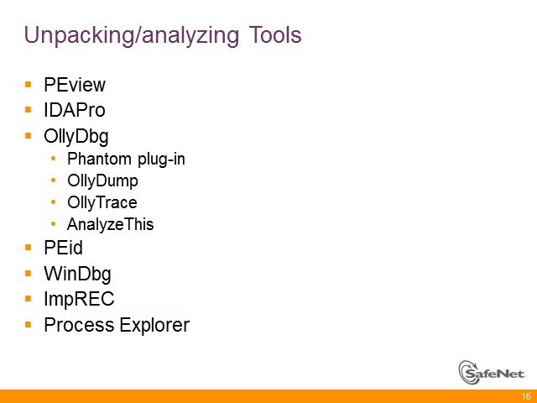Now, these are some of the more common unpacking and analyzing tools available. Many are a staple in the engineer's toolbox and very often are used by specialists such as cybersecurity analysts who want to learn about the intimate details of a binary file.